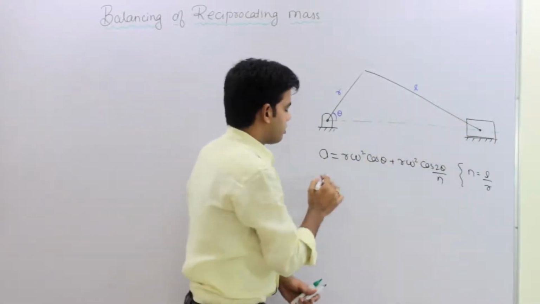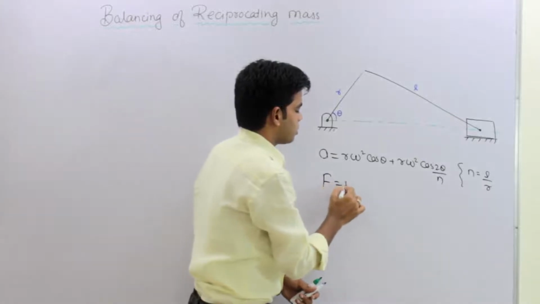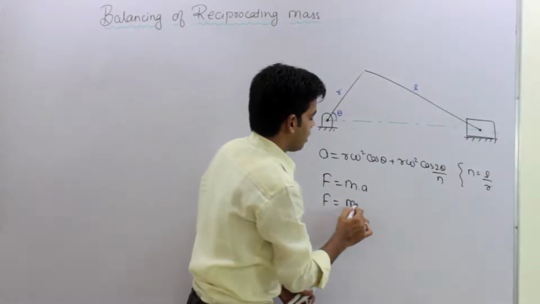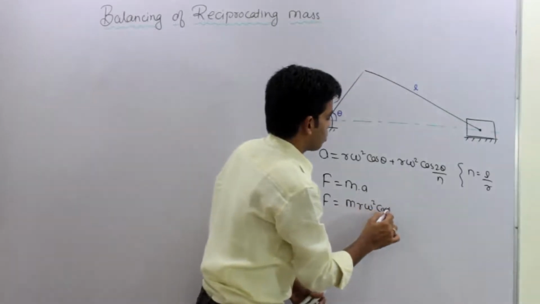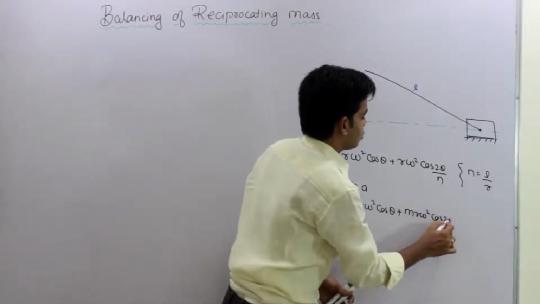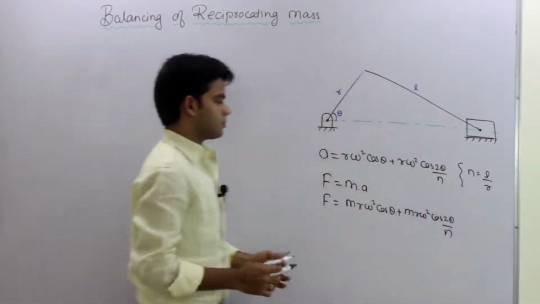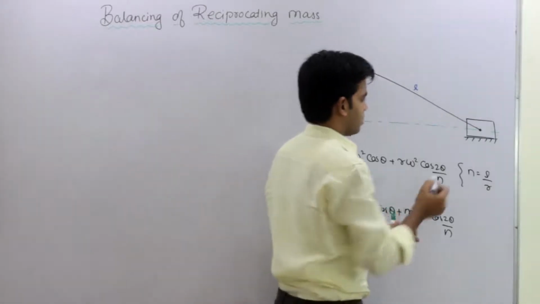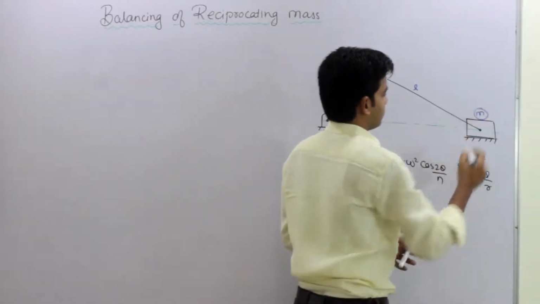Now what will be the force? Force, as we know, is M into A. So the force acting on the slider will be equal to mr omega square cos theta plus mr omega square cos 2 theta by n, where m is the mass of the slider.